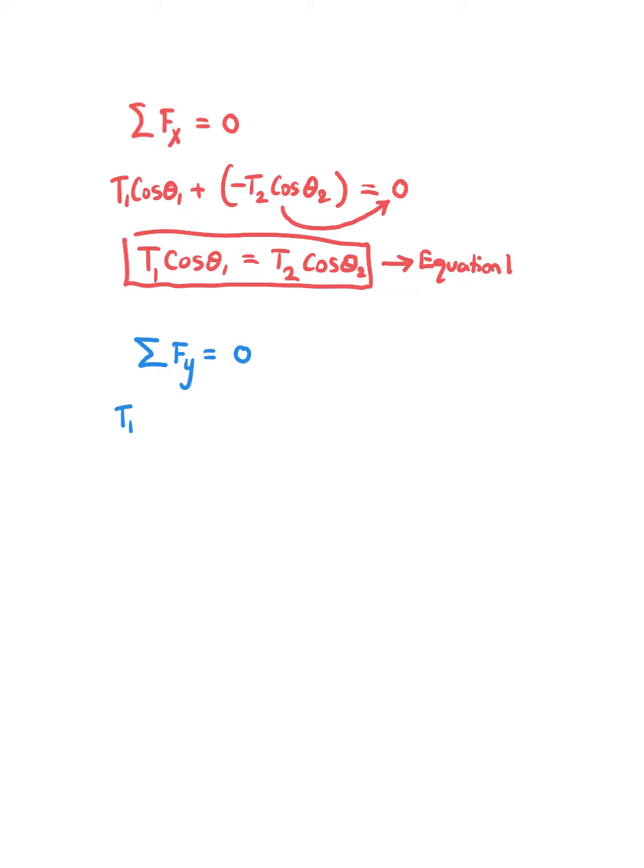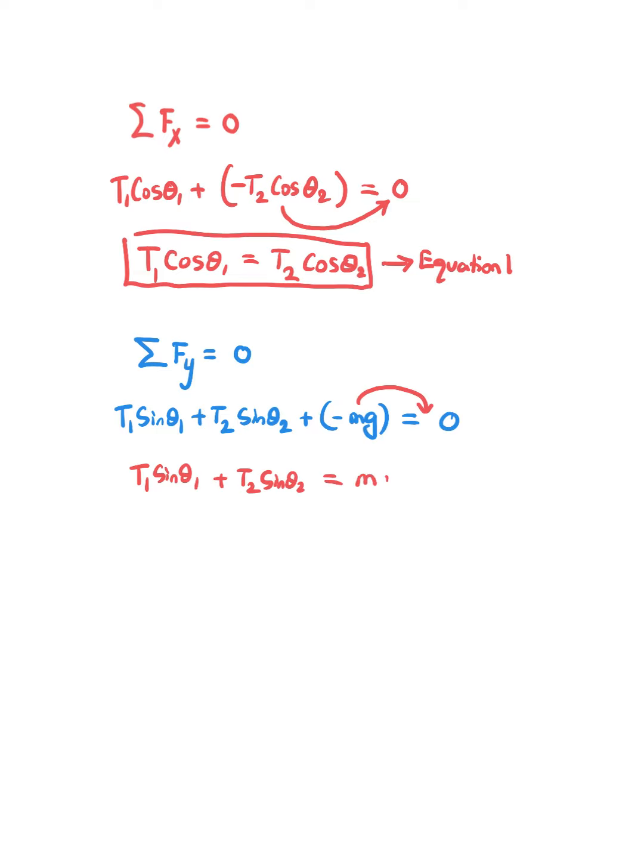So I have T1 sine of theta 1 plus T2 sine of theta 2 plus negative gravity, mg, equals 0. I'll go ahead and add the mg over to the right side. So I'll have T1 sine of theta 1 plus T2 sine of theta 2 equals mg. So I'll go ahead and box that equation, and we'll call that equation 2.